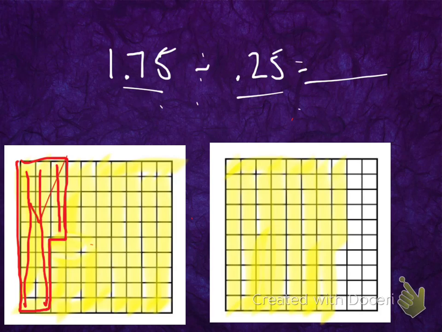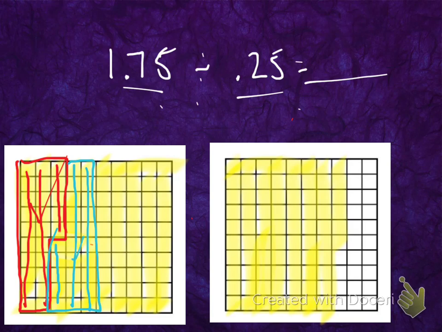I'm going to use a different color to mark out my second group of 25 hundredths, just so it's a little clearer. I know that this is going to be a group of 5 right here, and then I have my 10 and 20, so here is my second group of 25 hundredths.